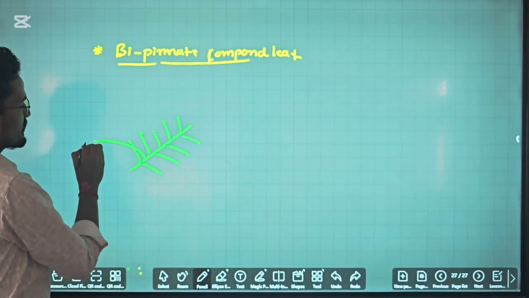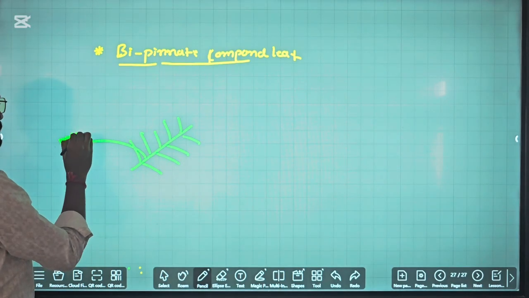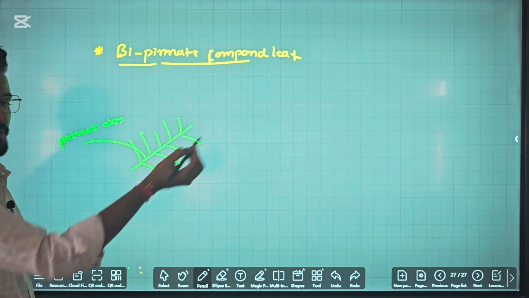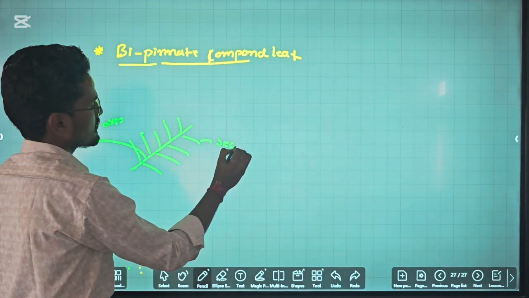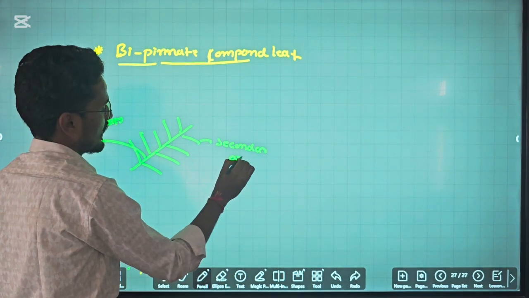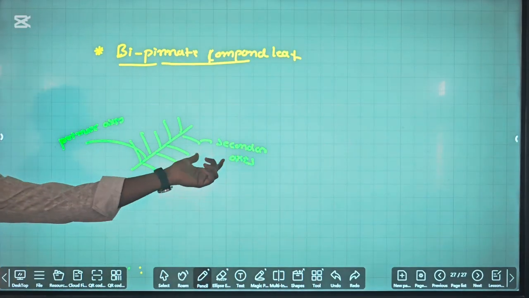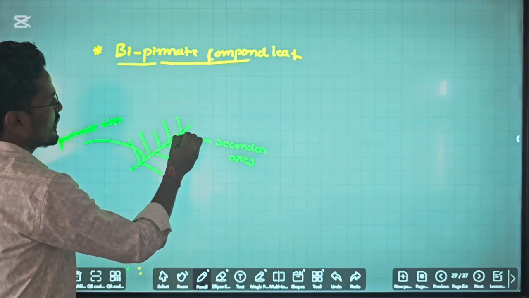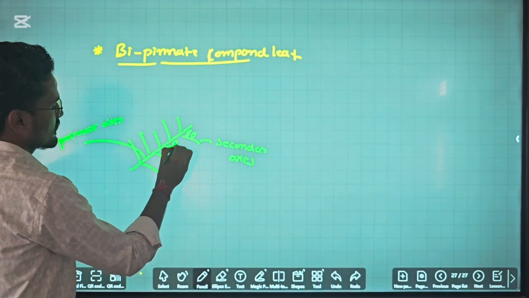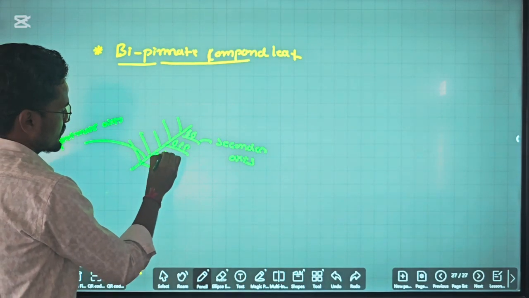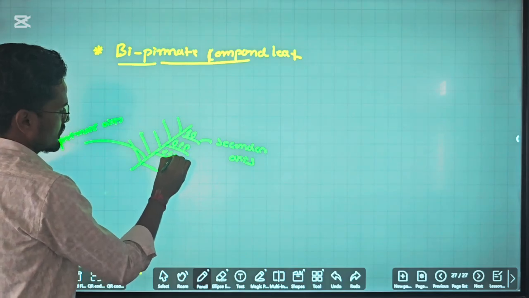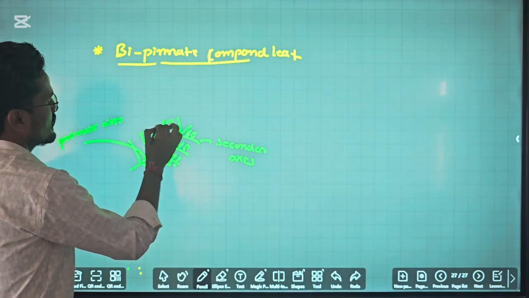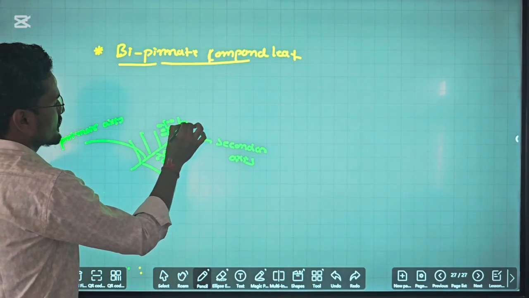Here the rachis itself is considered as the primary axis. This rachis is going to produce secondary axis. On the secondary axis we are going to see leaflets.